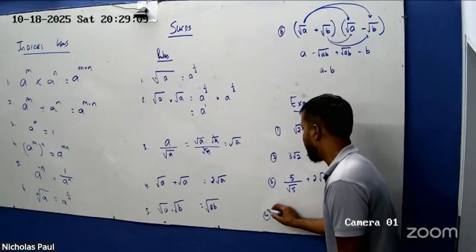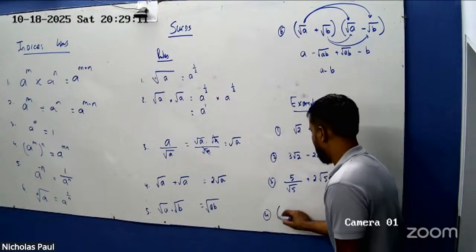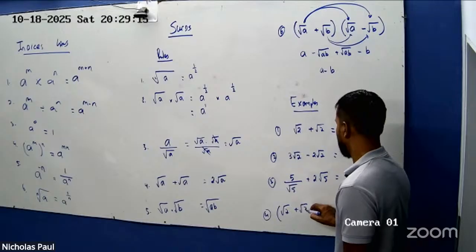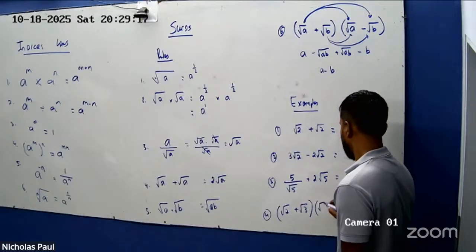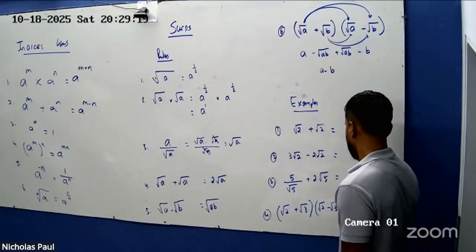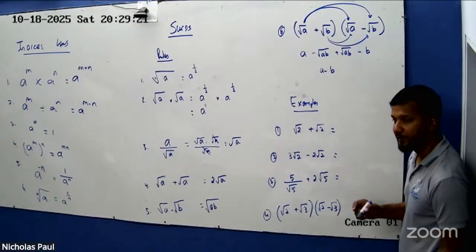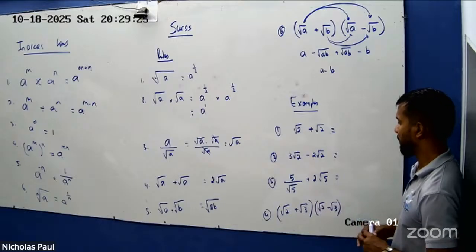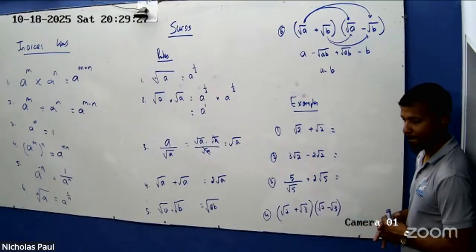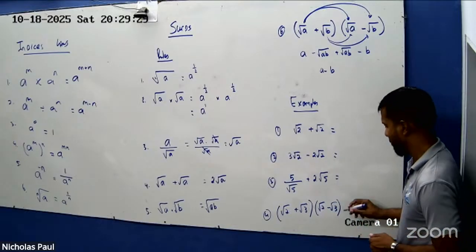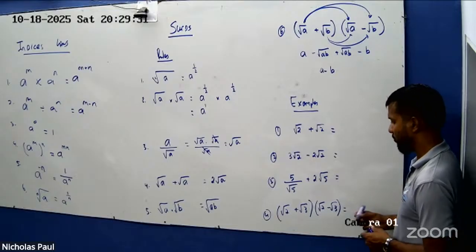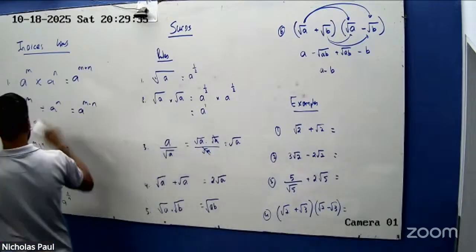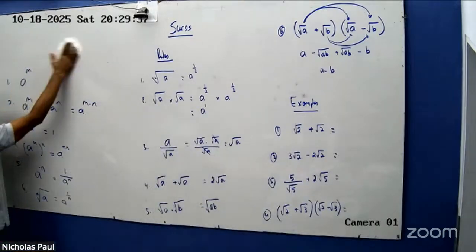Number 4, square root of 2. We're going to use surds now to work out all of these. If you can do them, go right ahead.